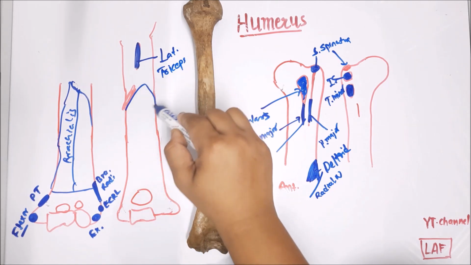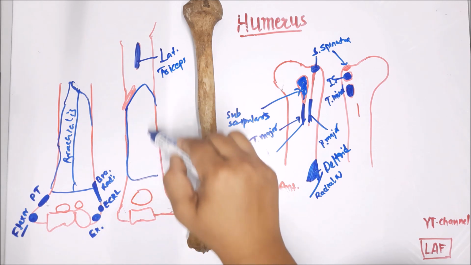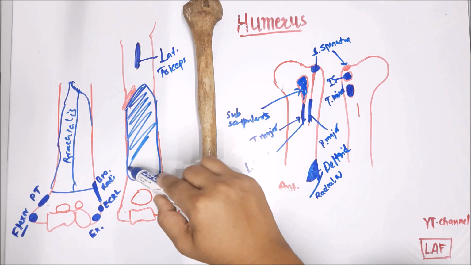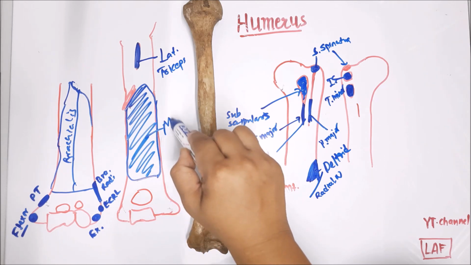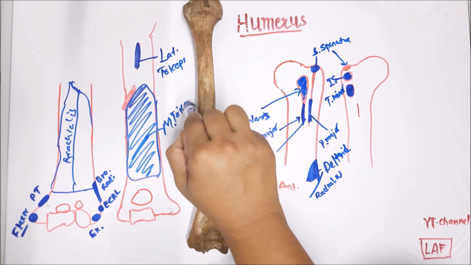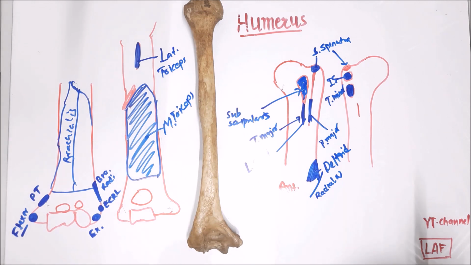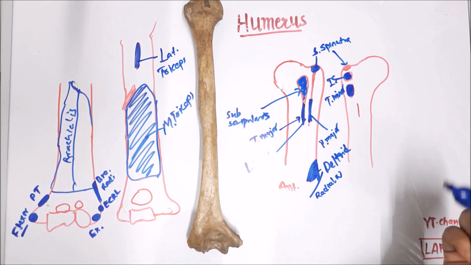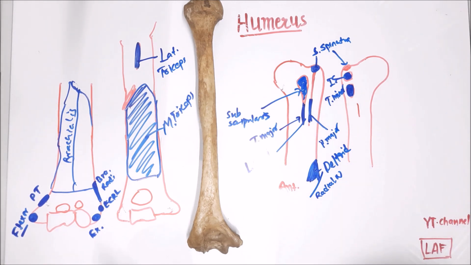The posterior surface area below the deltoid tuberosity and the spiral groove is the origin of the medial head of the triceps, and you already know the long head arises from the infraglenoid tubercle. So the lateral head and the medial head of the triceps arise from the posterior surface.